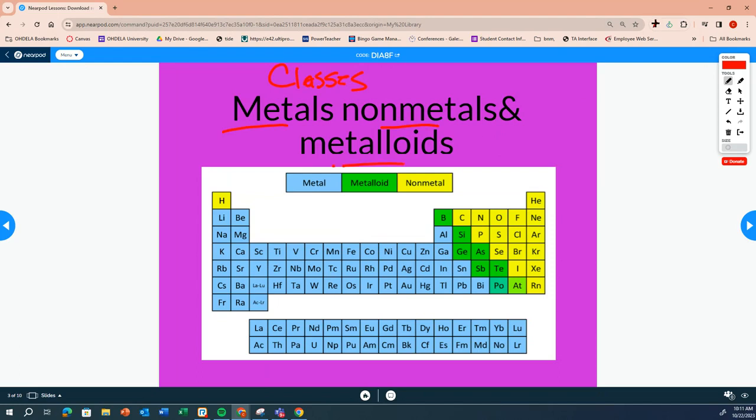The metals are in blue here. The metalloids are in this zigzag pattern here between the metals and the nonmetals. And the nonmetals are materials that are not like metals. Metalloids share some of the properties of metals, or they're called metal-like.